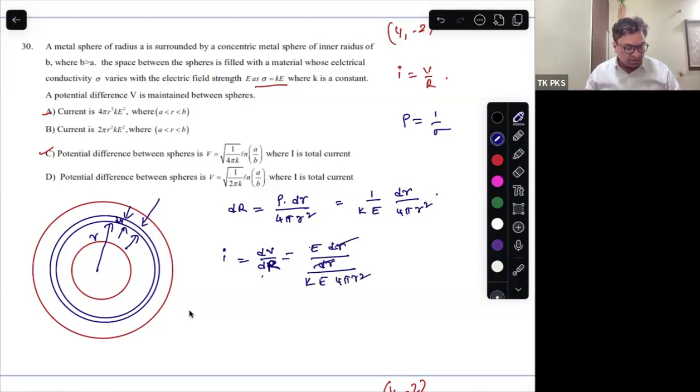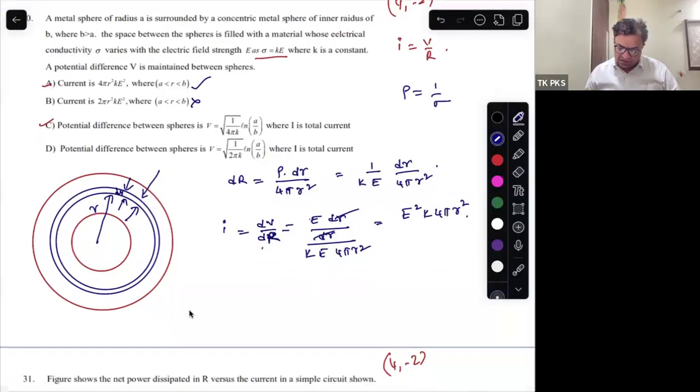Cancel. So finally you got this as E square K 4 pi r square. Exactly the same. So when A is correct, B is wrong. Now you got everything very clear.